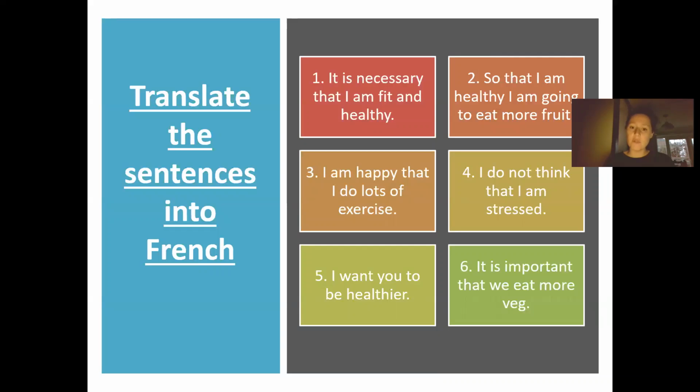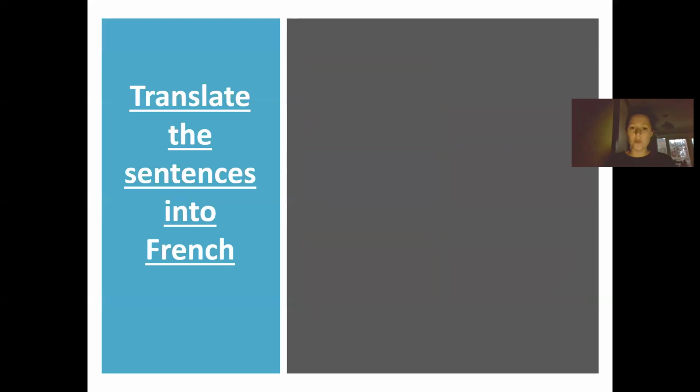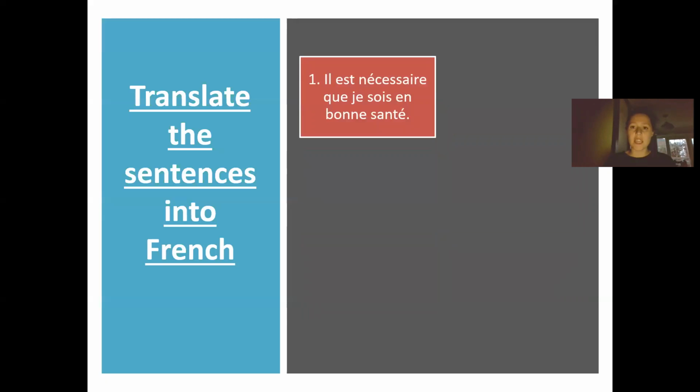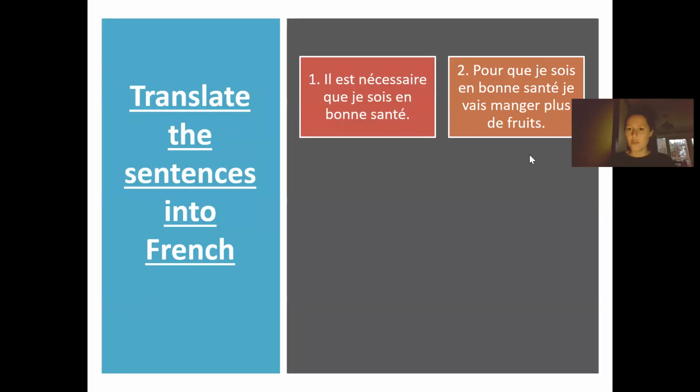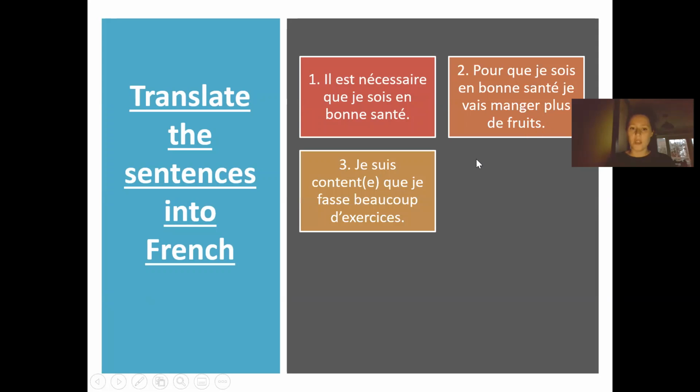Right, so let's see how you've done on those sentences. So first of all, for number one, we had il est nécessaire que je sois en bonne santé. So that's this verb form here, and do not forget your que. For number two, we had, sorry, it's taking a few seconds, pour que je sois en bonne santé, je vais manger plus de fruits.